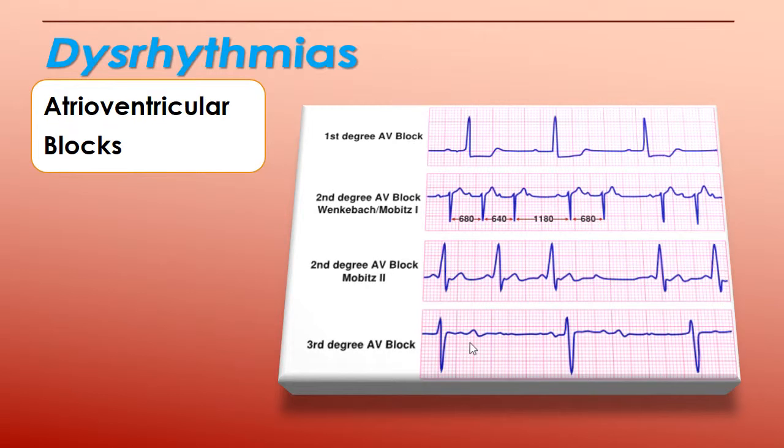The third degree block, complete heart block, no sinus impulses reach the ventricles. A second or independent pacemaker depolarizes the ventricles. Interventions may depend on severity: oxygen, drugs, pacing, and different things may be done.